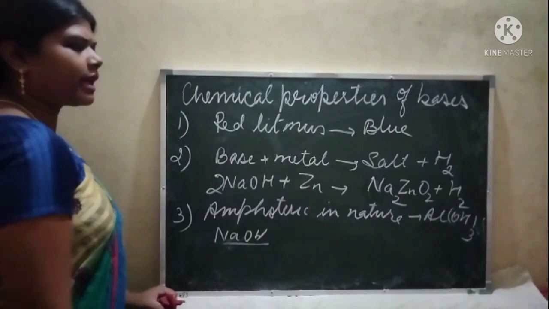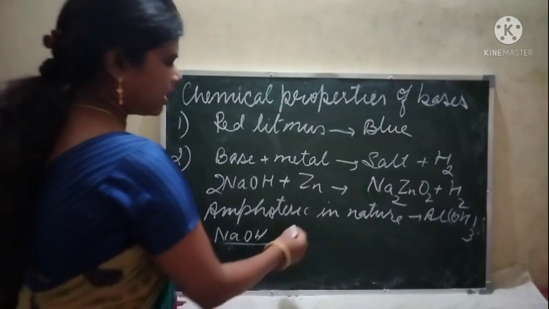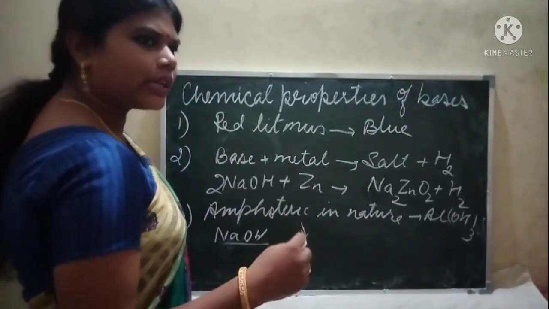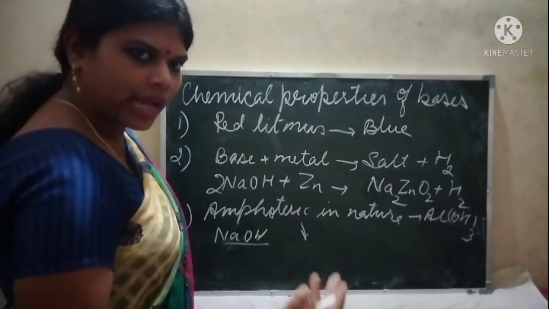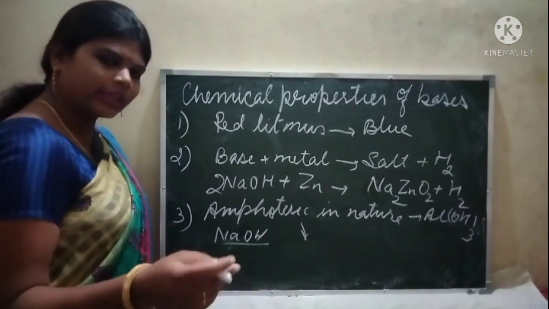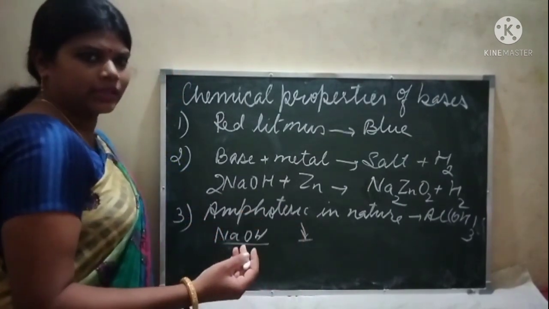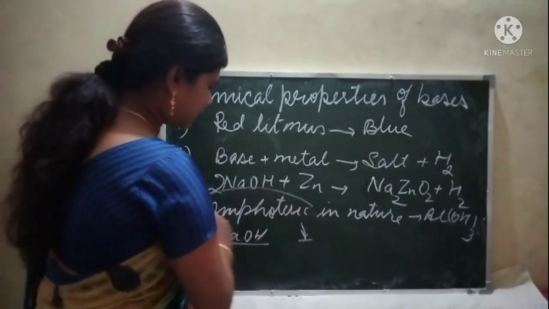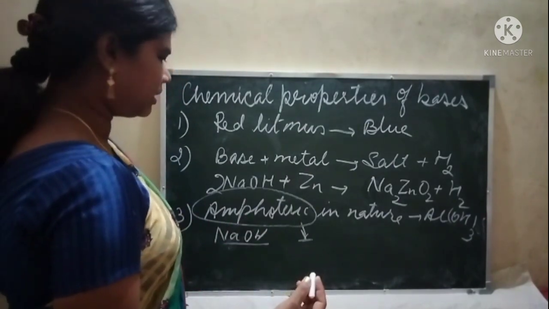Now what is this amphoteric in nature? Amphoteric means that they behave both as acid and base. They behave like acid as well as base, so that is amphoteric in nature.